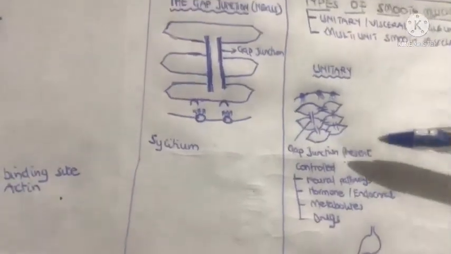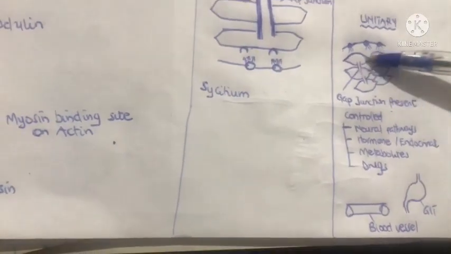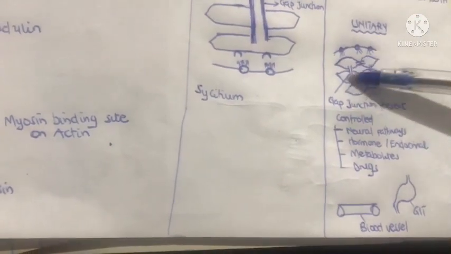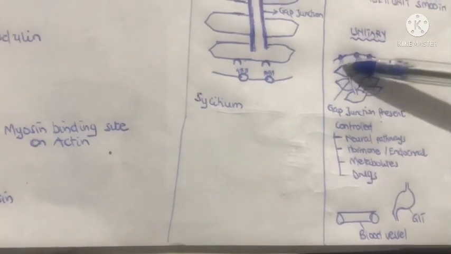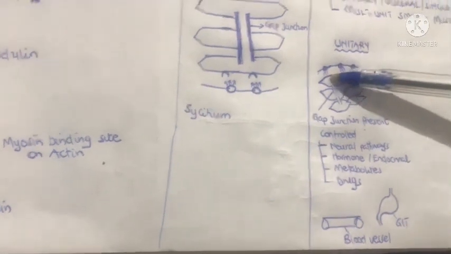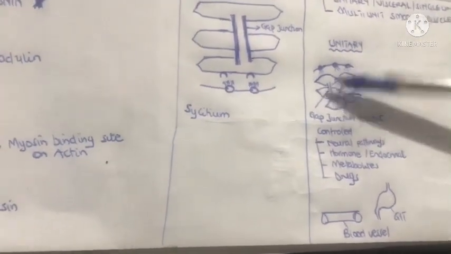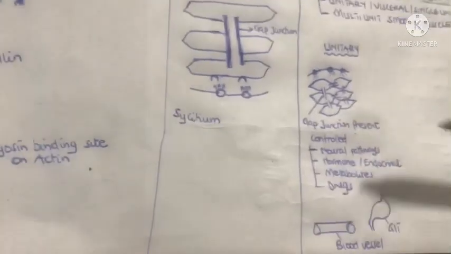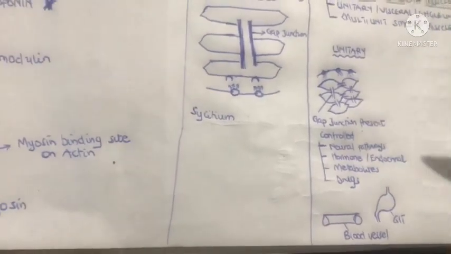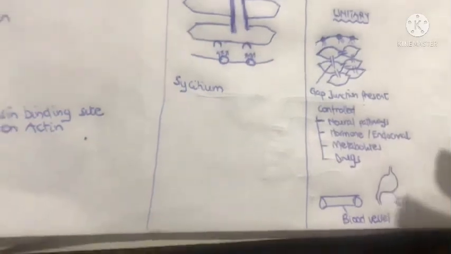We have the unitary. For the unitary, they have these gap junctions. The smooth muscles are being linked by these gap junctions. So when one of these smooth muscles is stimulated, the action potential generated in it can be conducted to the other smooth muscle, and together they all contract simultaneously. So for the unitary, the smooth muscles contract simultaneously as one unit. You understand?